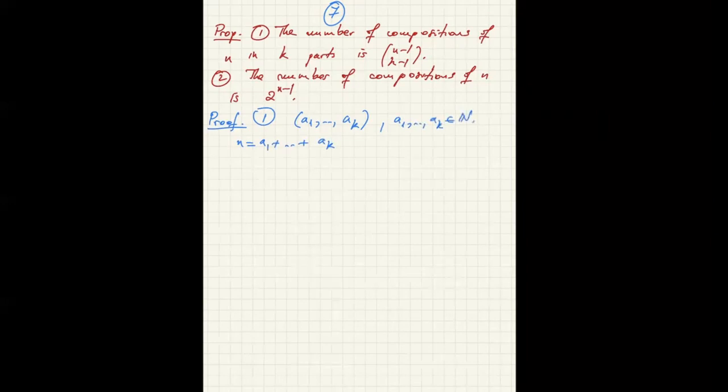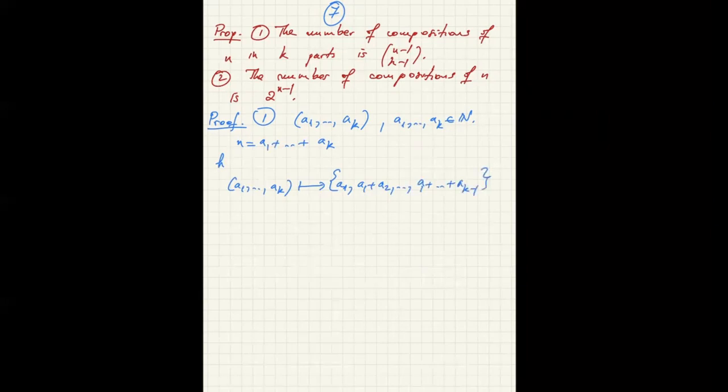Now we can create a bijection: let's create this function h from the set of all compositions of n with k terms. h is going to map (a1, ..., ak) to the following subset: a1, a1 plus a2, all the way to a1 plus ... plus a(k-1).